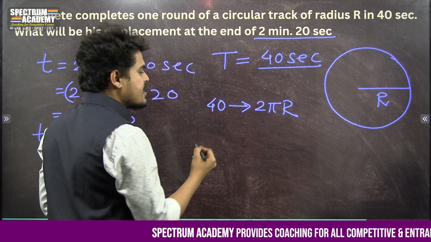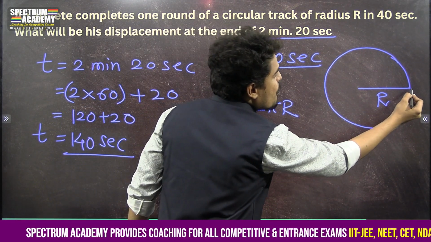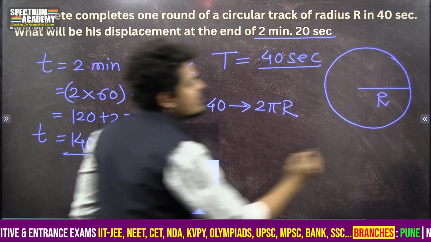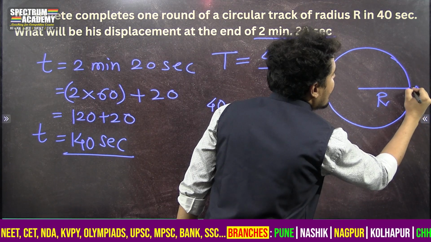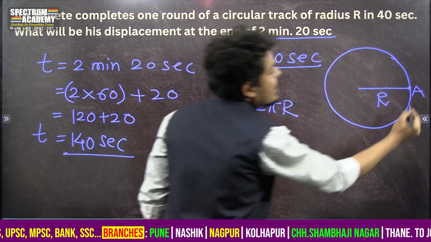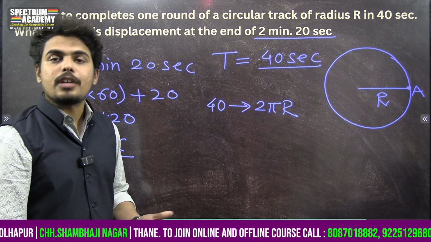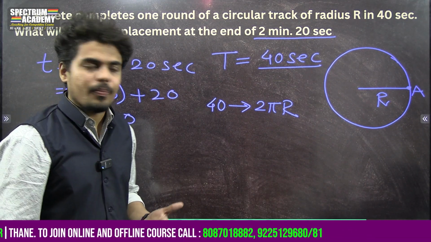In the next 40 seconds, if the particle starts at point A, now see, this is point A, the athlete is at point A in the initial time, that means at time t equals 0.